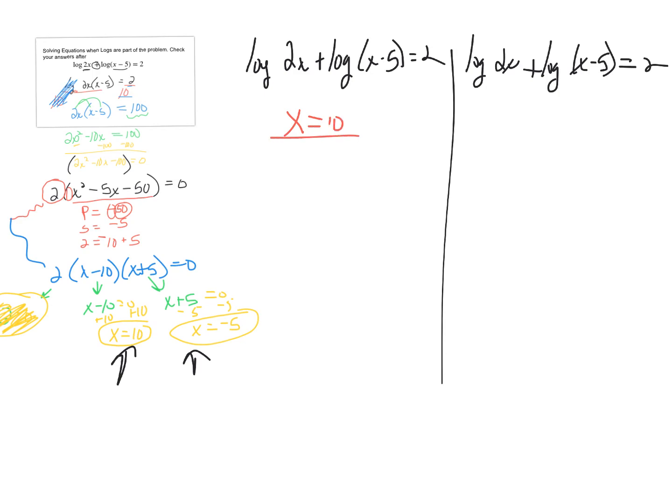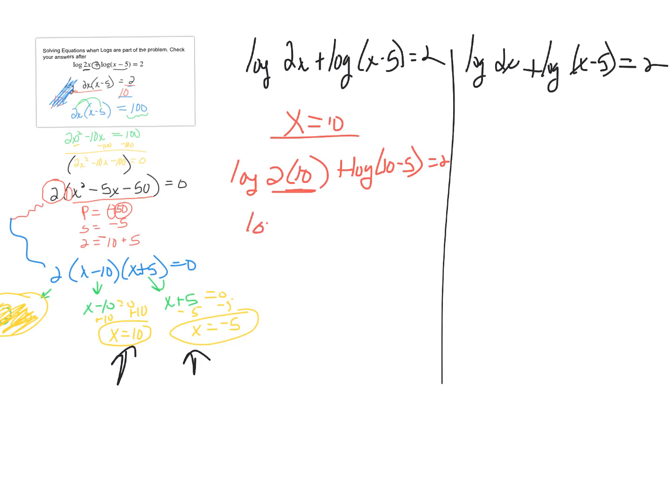Okay, so we're going to log 2 times 10 plus log 10 minus 5 is supposed to equal 2. Now, so far, so good. I'm going to multiply this together.